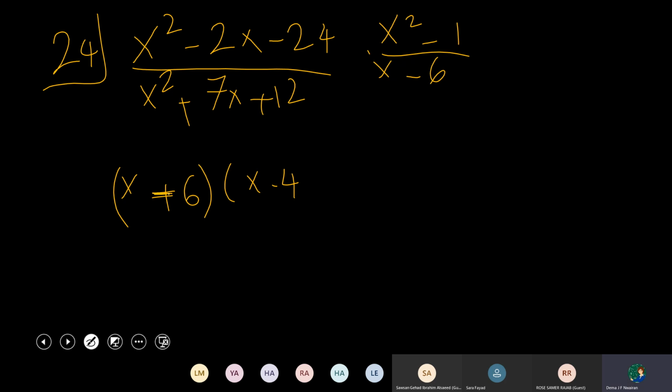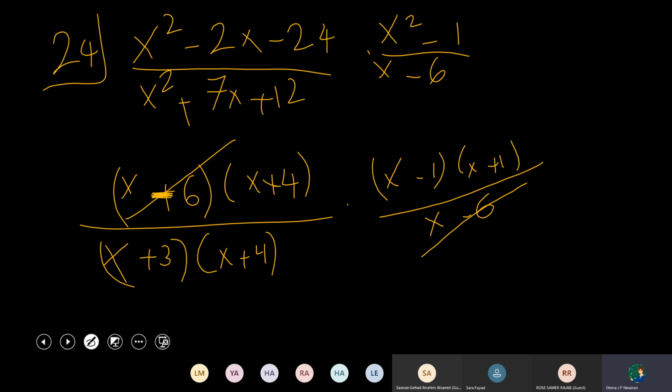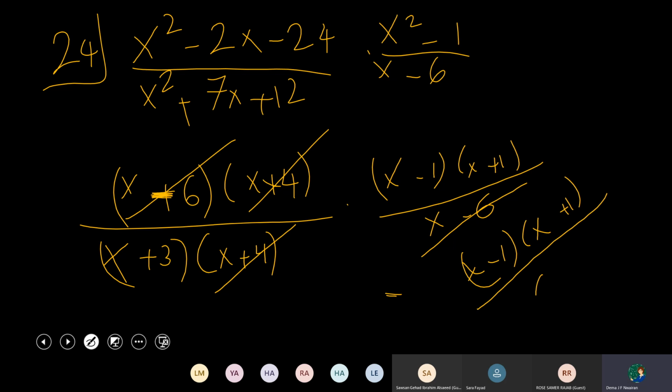Or no, sorry, here we have minus and here we have plus. Over 12, they are 3 and 4. So I will factorize them. Then after that, I will simplify. So after that, now the answer will be x minus 1 times x plus 1 over x plus 3.